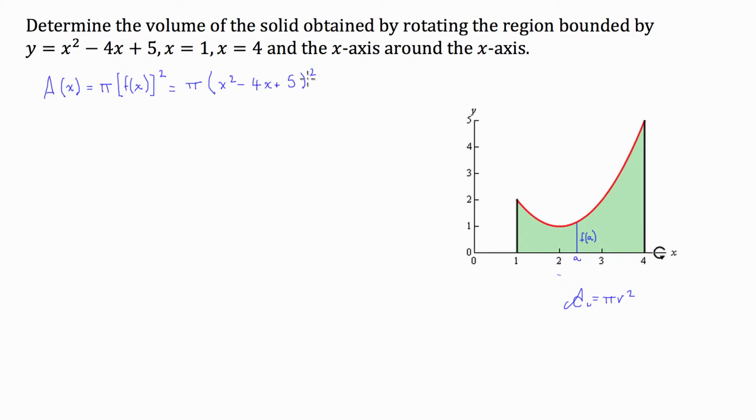So what we're going to do is expand out this bracket by realizing that it's going to be equal to x squared minus 4x plus 5 times itself.